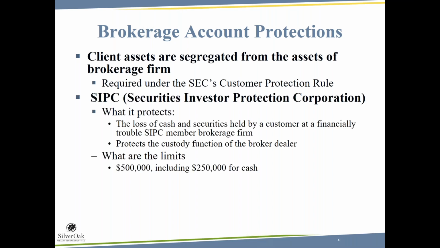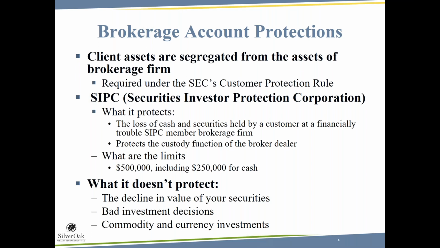SIPC still is available, though. It protects against loss from financially troubled member firms or from the custody function of broker-dealers. It is limited, $500,000, including $250,000 of cash. But again, the really important thing that's changed over the years is that clients' assets are segregated and not commingled with those of the firm.